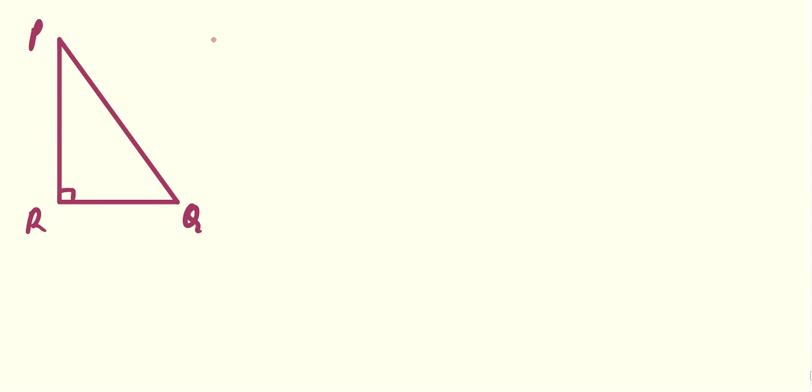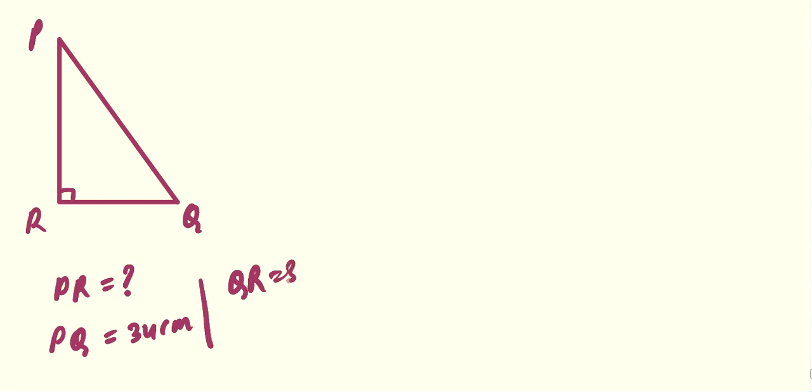Then calculate the length of PR. PR we have to find. PQ is given, PQ is 34 centimeter, and QR is 33.6 centimeter. So PQ is 34 centimeter and QR is 33.6 centimeter, and PR we have to find.